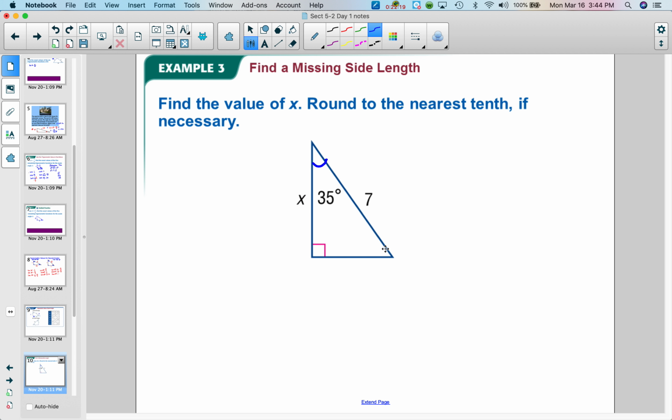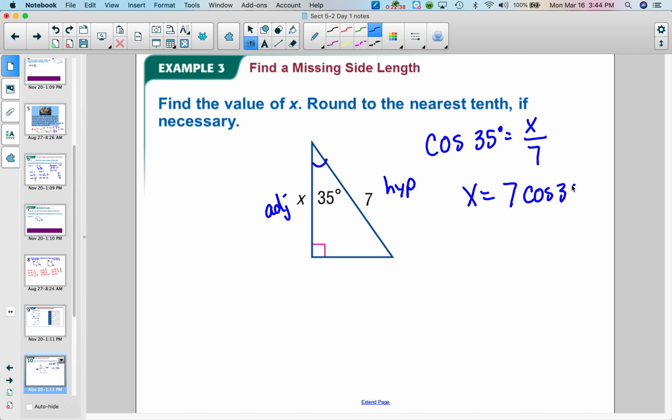So you have to think about what trig ratio deals with adjacent and hypotenuse. Well, that's cosine. So cosine of 35 degrees equals adjacent over hypotenuse, and we solve that. So we get x equals 7 times cosine of 35 degrees.